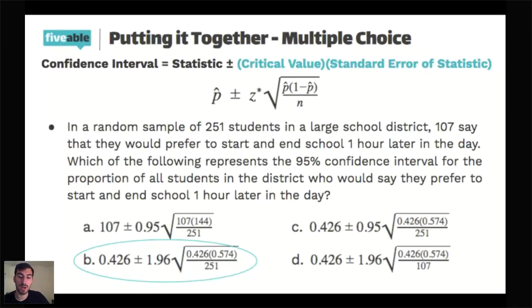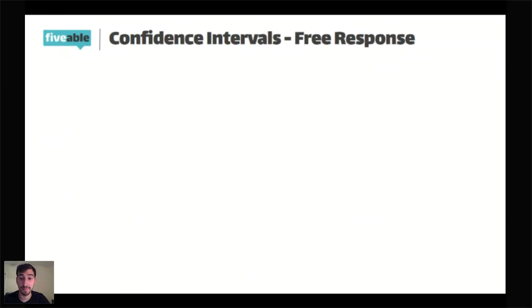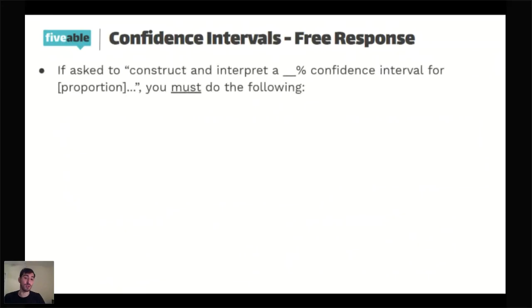And so where you can use the calculator, though, is in a free response setting, right? About once every other year, maybe once every 2 to 3 years, we are asked to specifically construct and interpret a % confidence interval for something. Back in 2017, there was a confidence interval for a proportion.